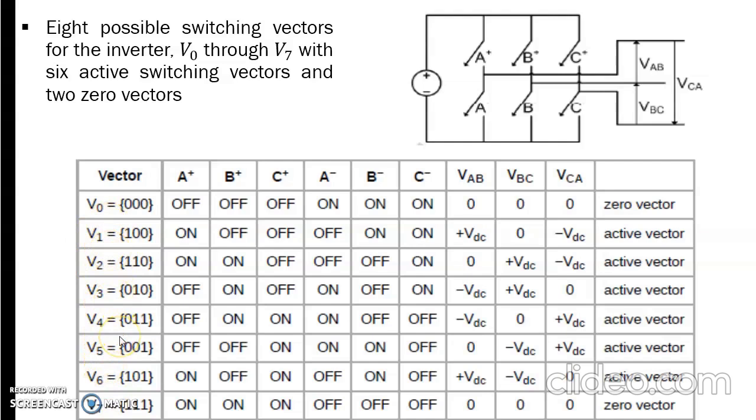So you can analyze this in a 2-coordinate system rather than in a 3-phase system. When you use the space vector transformation, it comes under space vector modulation. The 8 possible switching vectors for the inverter are V0 through V7, with 6 active switching vectors and 2 zero vectors.